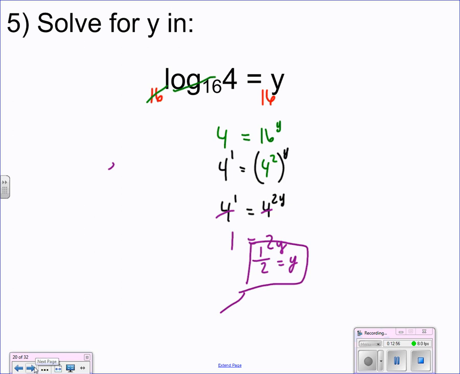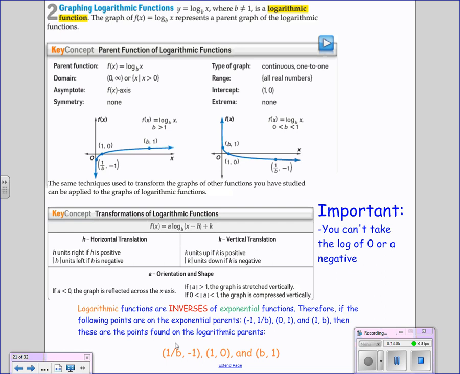So what we learned last class is important to this lesson as well. We're now going to talk about logarithmic functions. Again, the reason we can go from exponential to logarithmic and logarithmic to exponential is because they are inverses of each other. And so that means that the graphs are also inverses of each other.